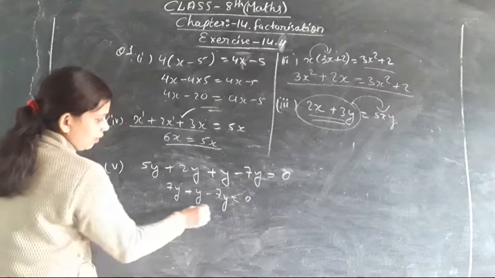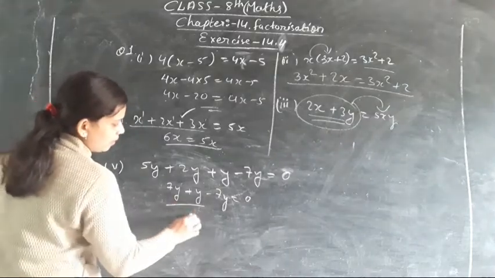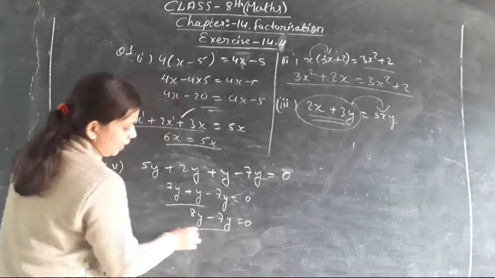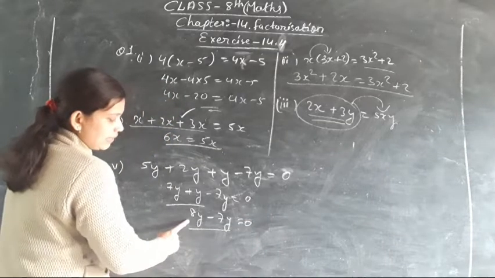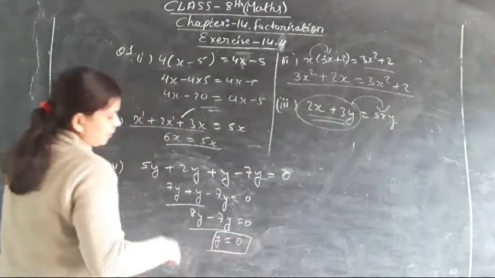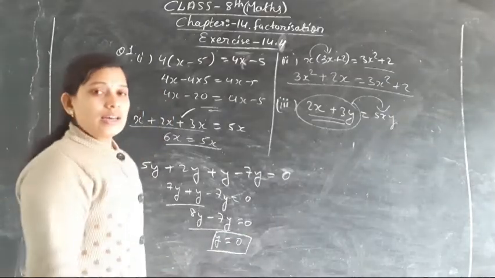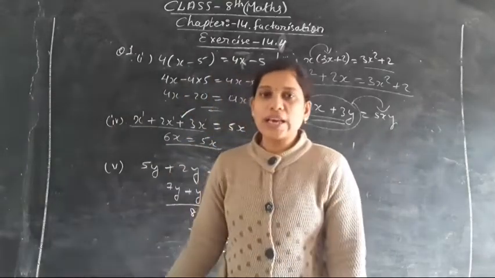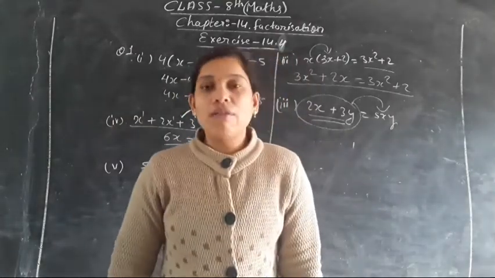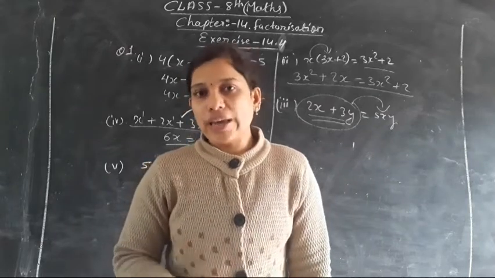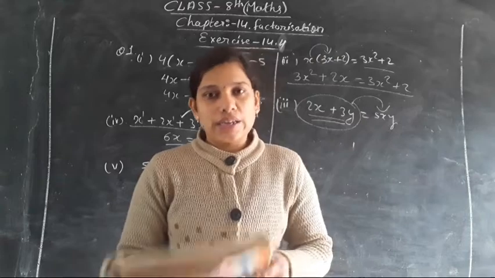Now here it will be how much? 7 plus 1, 8y minus 7y is equal to 0. Again while solving these two numbers, 8y minus 8y, y is equal to 0. Hence we can say that this mathematical equation is a correct one. No error will be found in this. Clear? As we are getting the value of y while solving the left hand side part of the equation, we are getting the value of y as 0, so that is the correct one.